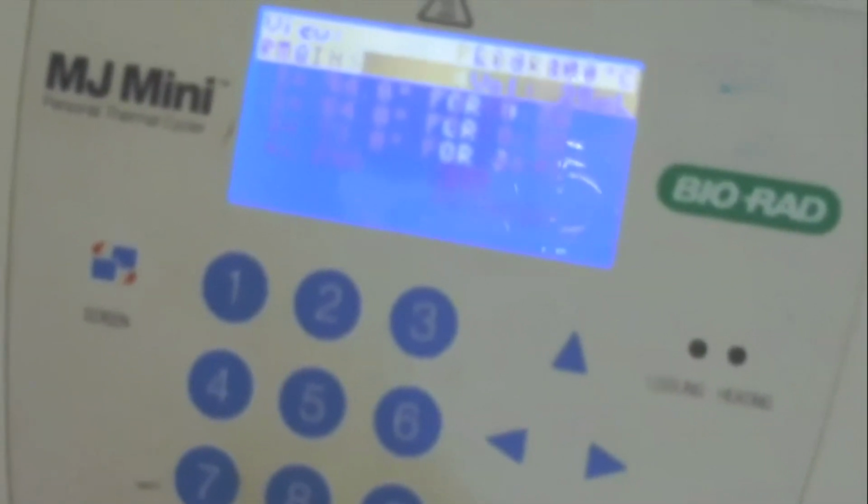First of all, I'm going to open up the machine, and then I'm going to put this tube there. Now I'm going to put this tube into the machine like that, and then close the lid, tightening the lid. Then I just press run.